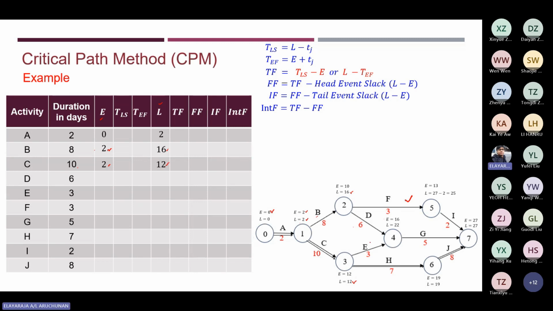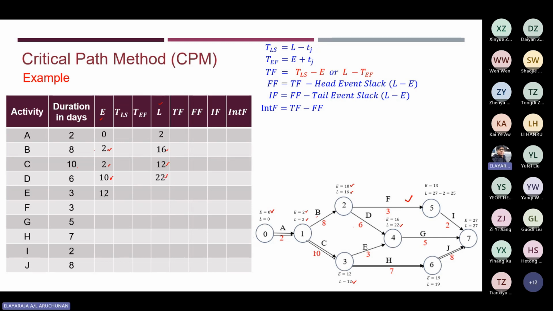Now look at activity D: earliest starting time is 10, so write the 10 here, and the latest finishing time is 22, so your 22 will be here.